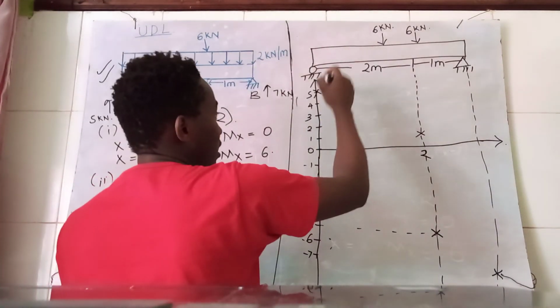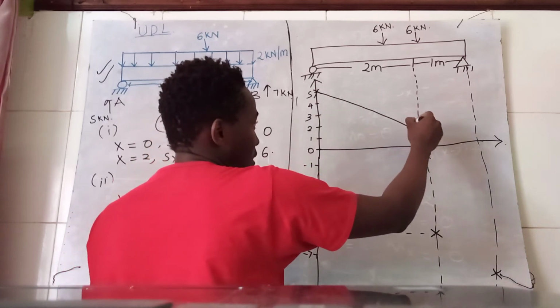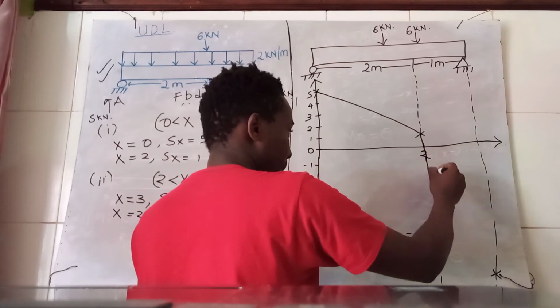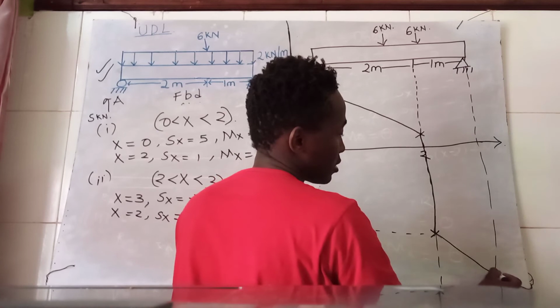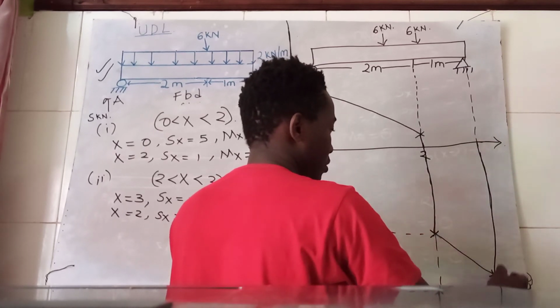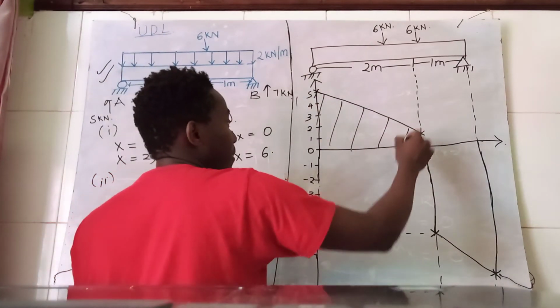So join the dots with a straight line, then to that point, then join that. You can shade the wanted region.